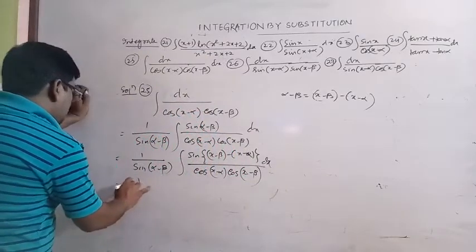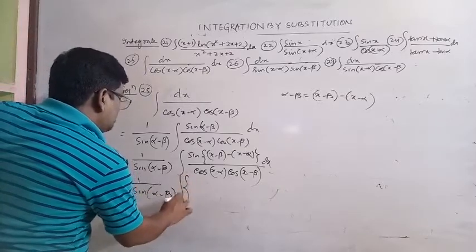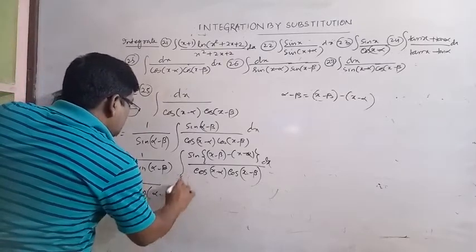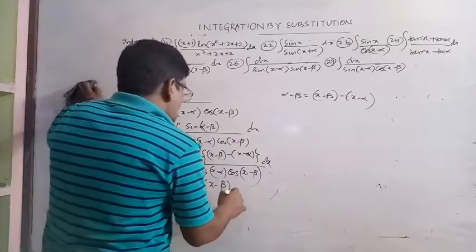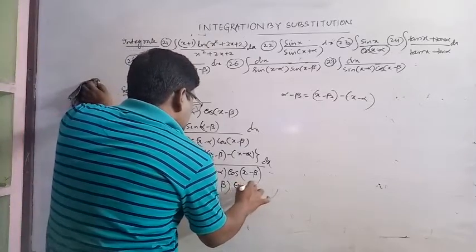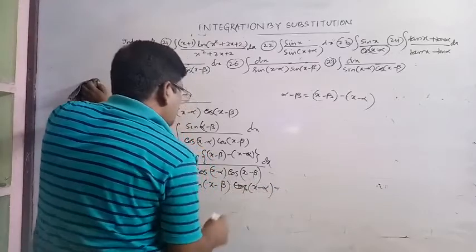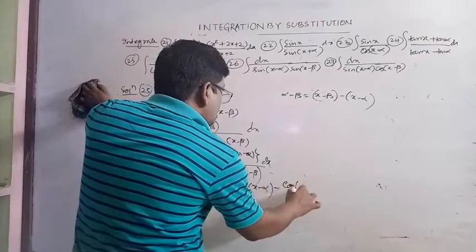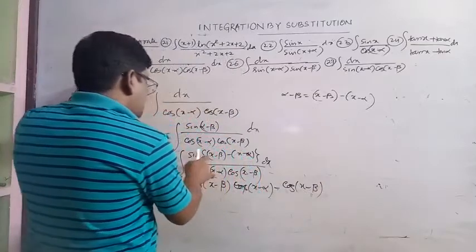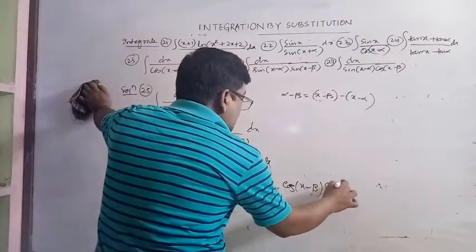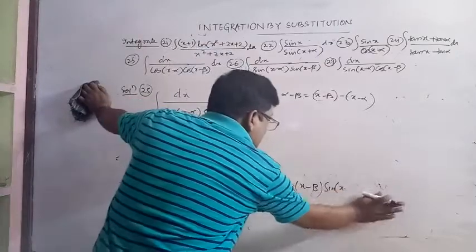So 1 by sin(alpha minus beta) into: sin a, which is sin(x minus beta), into cos b, which is cos(x minus alpha), minus cos a, which is cos(x minus beta), into sin b, which is sin(x minus alpha), divided by cos(x minus alpha) into cos(x minus beta).